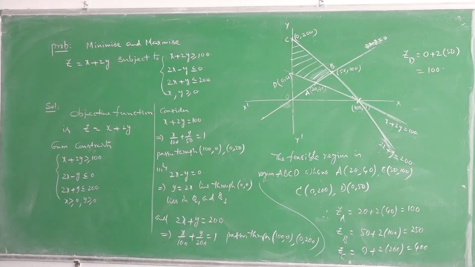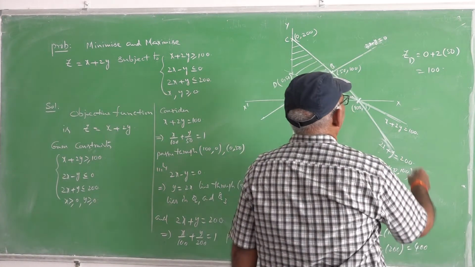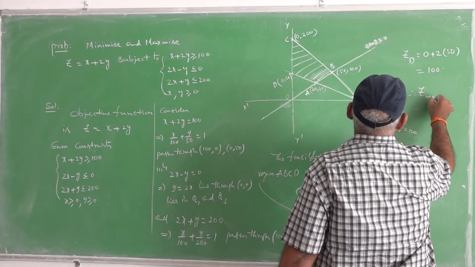Now, out of these Z values, the minimum and maximum values of x plus 2y. Here the minimum is 100 clearly. So Z minimum is 100.